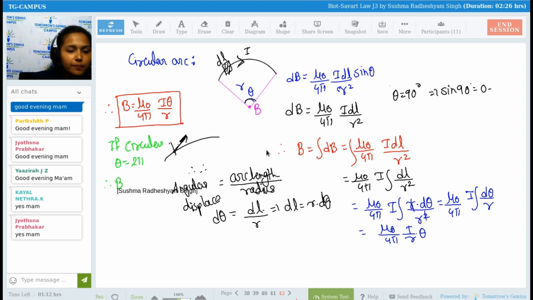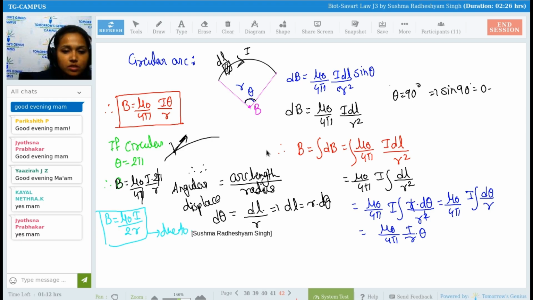Your magnetic field becomes B is equal to mu naught over 4 pi, I times 2 pi divided by r. See, pi gets cancelled, 2 also gets cancelled. So we get the final formula B is equal to mu naught I over 2r. This is your magnetic field due to a circular loop.